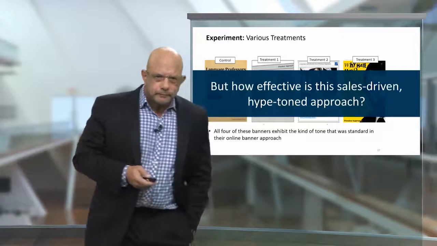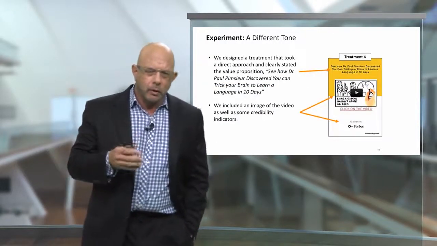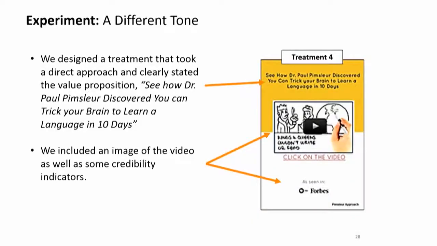Now, here is the treatment coming up, and you'll see that in treatment 4, there is a very clear statement of value, and then there is a sort of compelling video and an attempt to get you to respond, which will lead to more conversions ultimately. It does have sort of that cartoonesque look, but the approach is very different in tone.